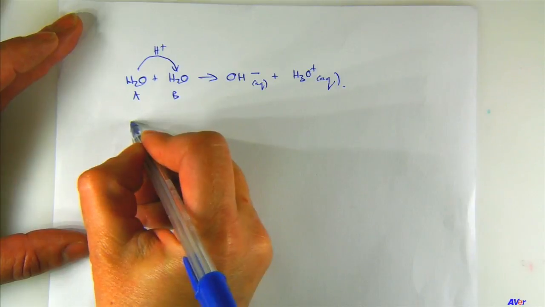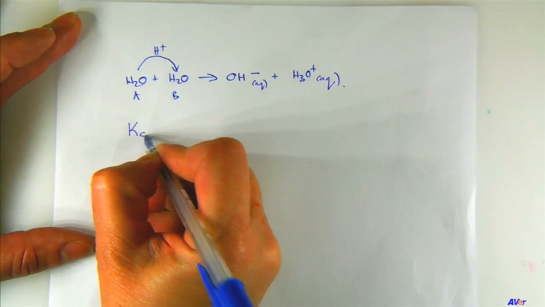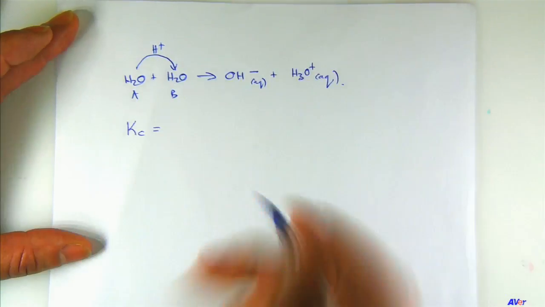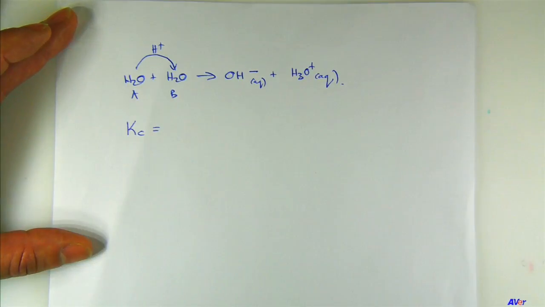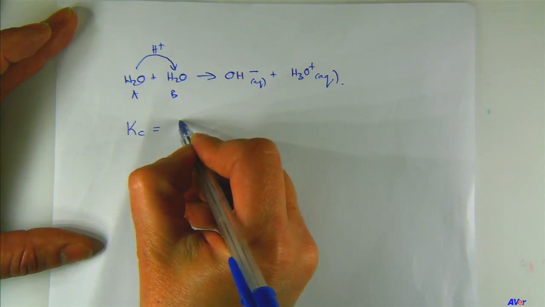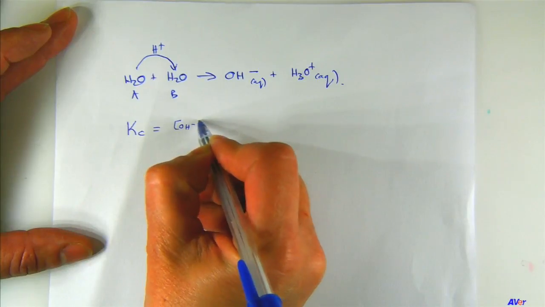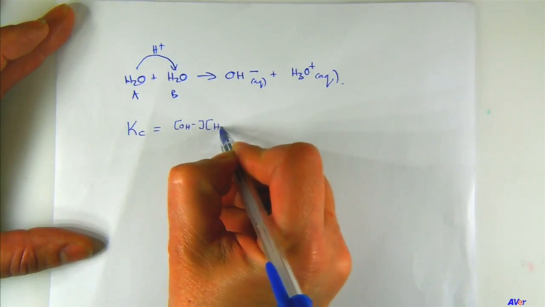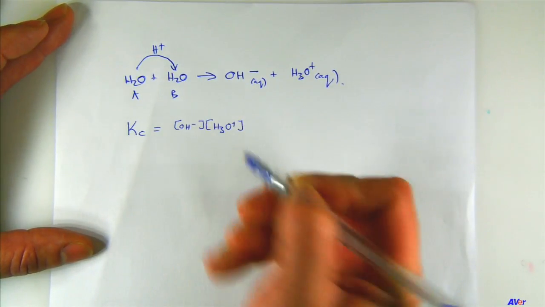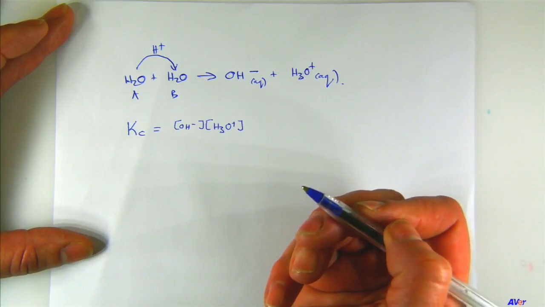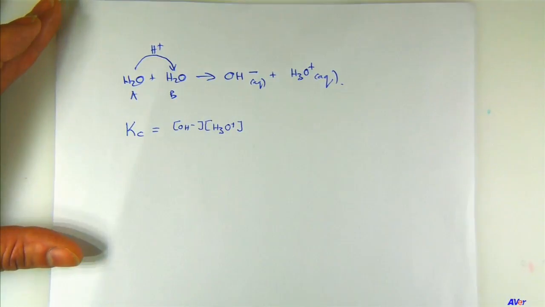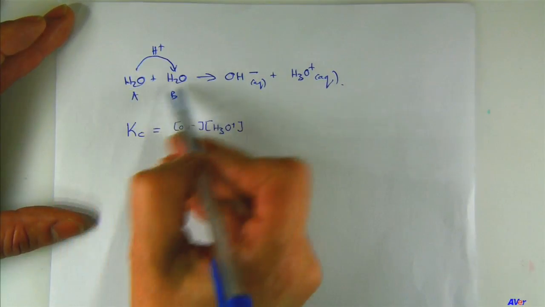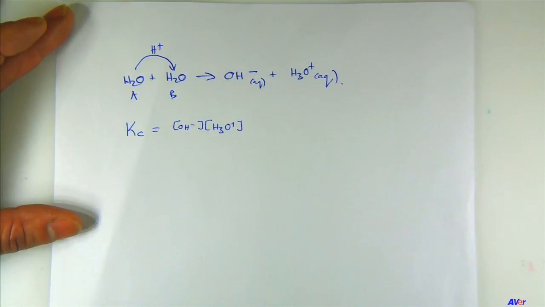Now, if I want to write the Kc expression for that one, what should it look like? It should be OH minus times H3O plus concentration, divided by 1. Yeah, nothing, 1. Okay, right. Because these are pure liquids, they don't even come in.